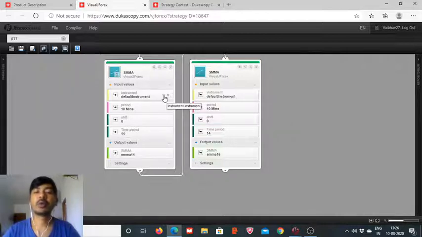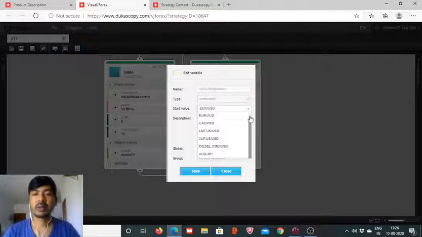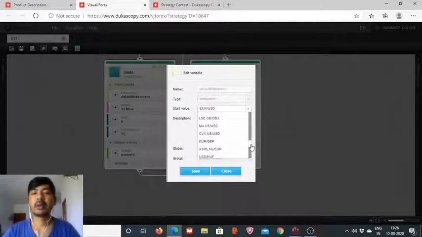But if you want to use a different instrument, then you have to change this. So in today's session, let us use USD/JPY, another very widely traded currency instrument. So we add that USD/JPY.